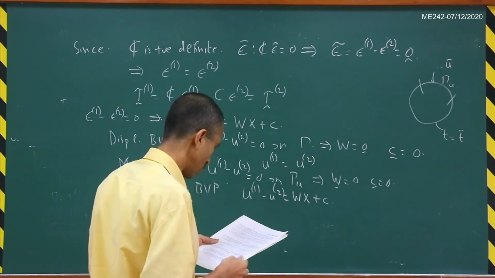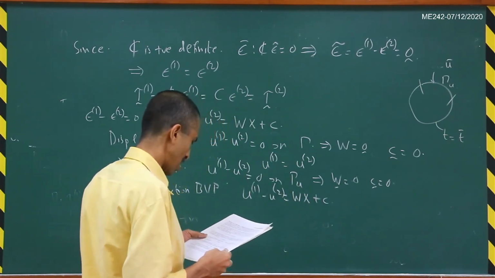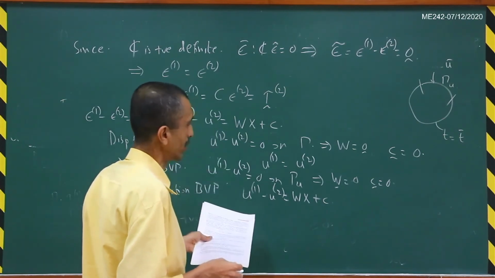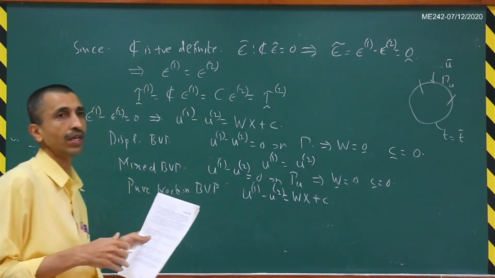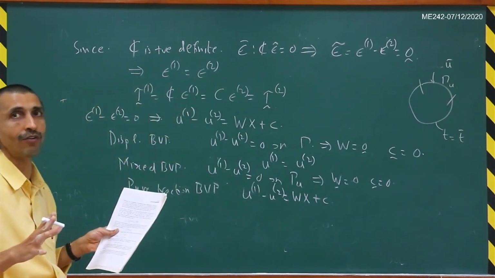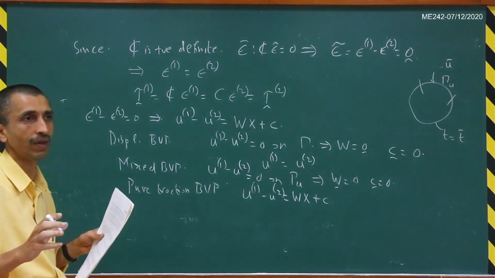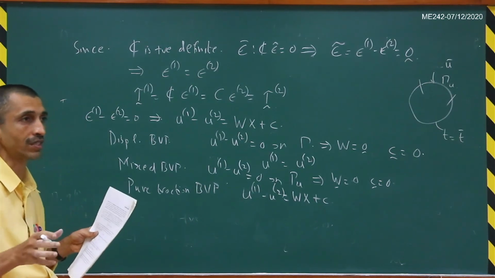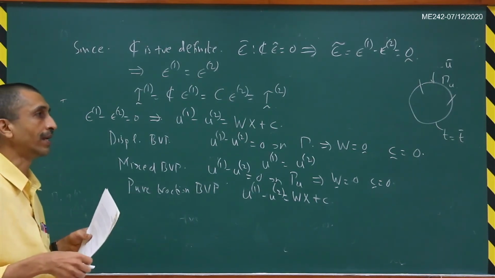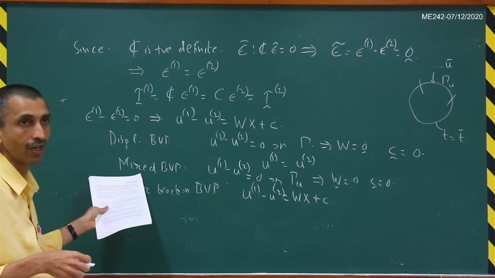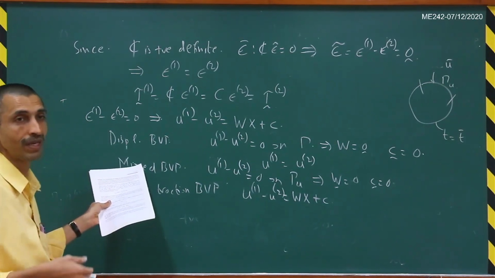So that shows the uniqueness of the three fields in all the three situations. Just to summarize, in all the three types of boundary value problems, the strain and the stresses are unique. And in the case of a displacement boundary value problem and a mixed boundary value problem, even the displacement is also unique.